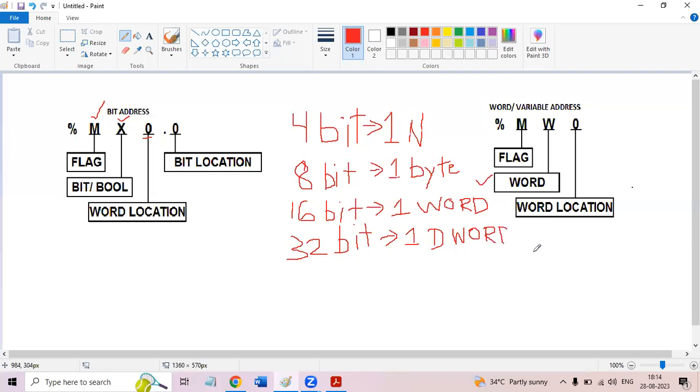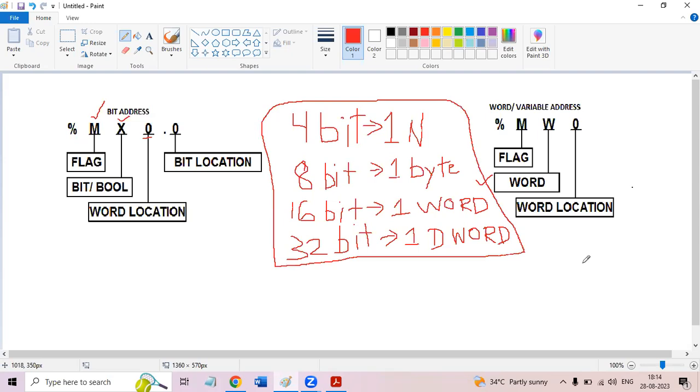Correct? It would be D word. So this is important to know before we proceed. When you combine 16 bits, one word will be formed. So 16 bits together will be one word. Okay, fine.